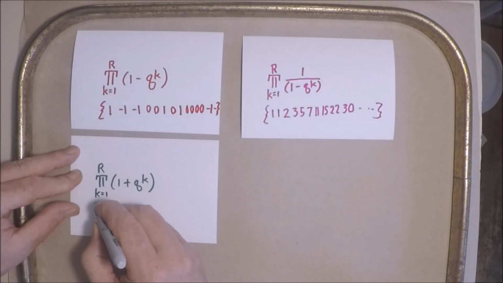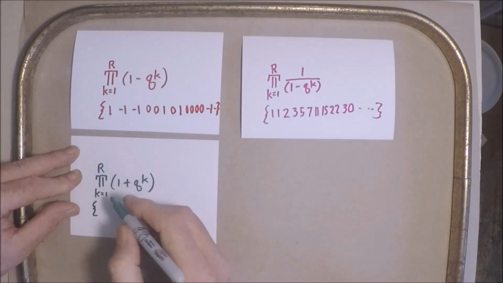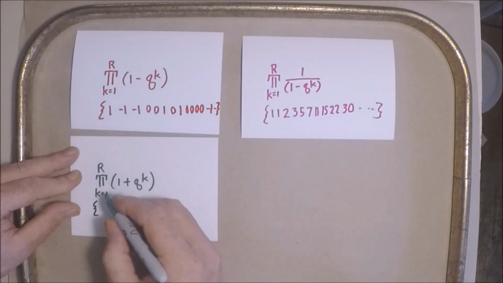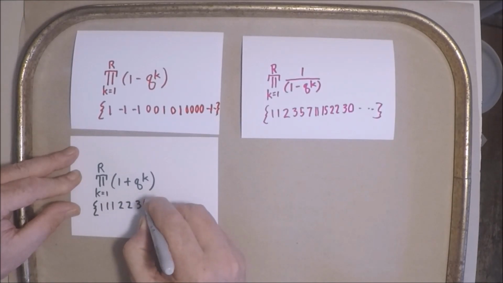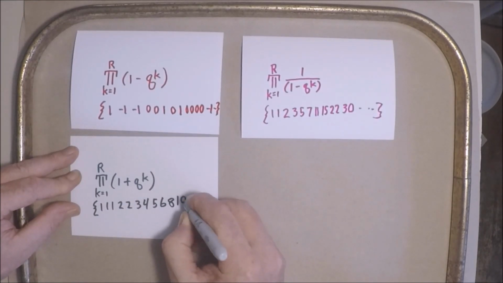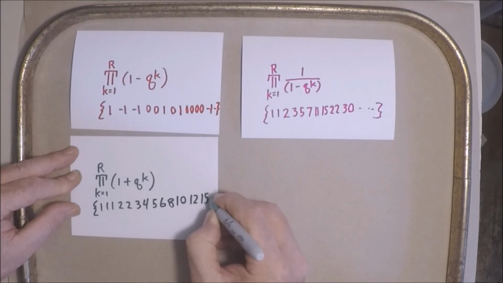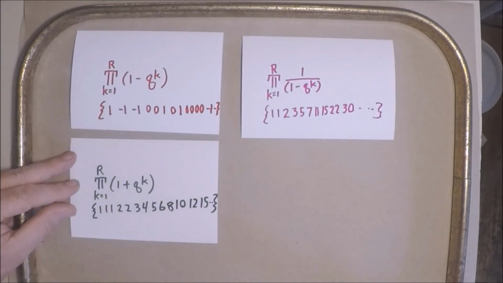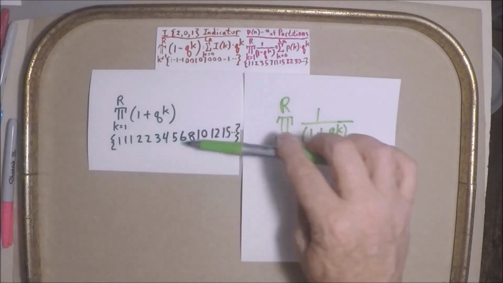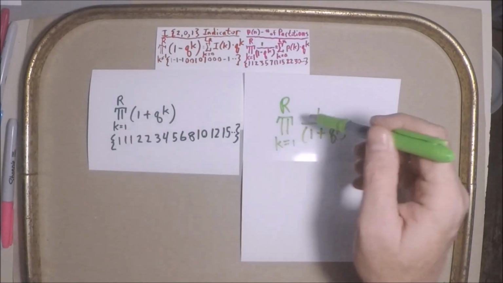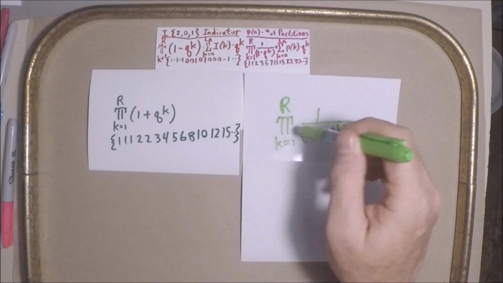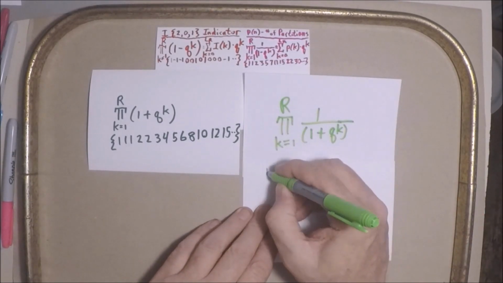Okay, well, let's start by adding it to our card here. 1, 1, 1, 2, 2, 3, 4, 5, 6, 8, 10, 12, 15, dot, dot, dot. If we want to investigate this sequence, let's take the inverse of that to get the sequence for this.